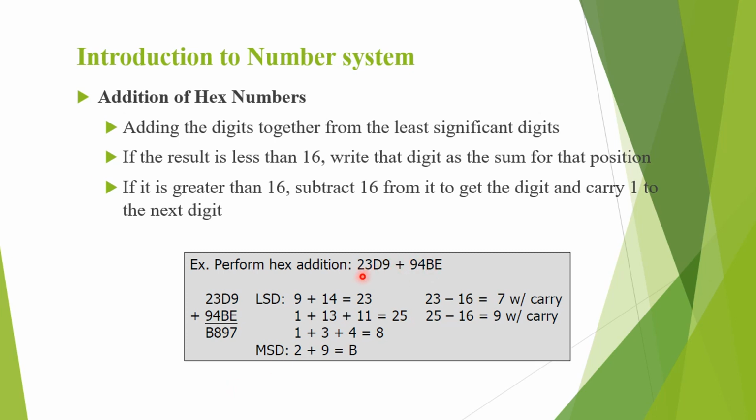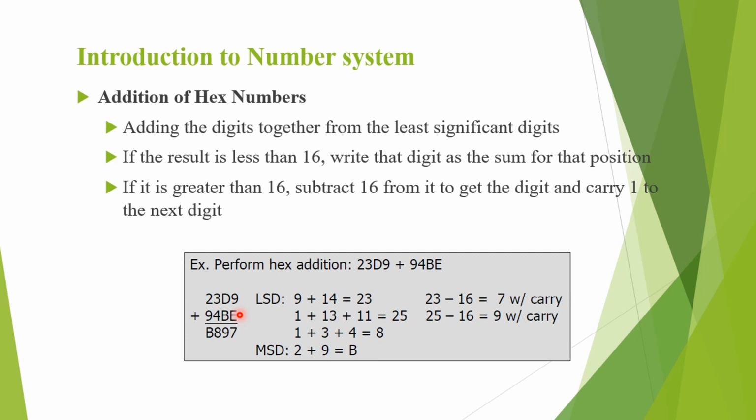So we have to add the hexa number 23D9 with 94BE. We'll write 23D9, and beneath that we'll write 94BE. First we'll start with the LSB, that is the least significant digit. 9 and E have to be added. So 9 plus E. E represents 14.